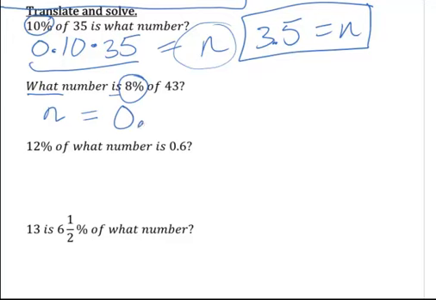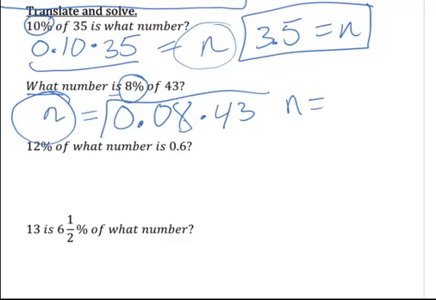That's going to give me 0.08. Of means to multiply by 43. My n is already by itself, so all I need to do is multiply them together. I take my calculator, 0.08 times 43, and I'm coming up with n is equal to 3.44.